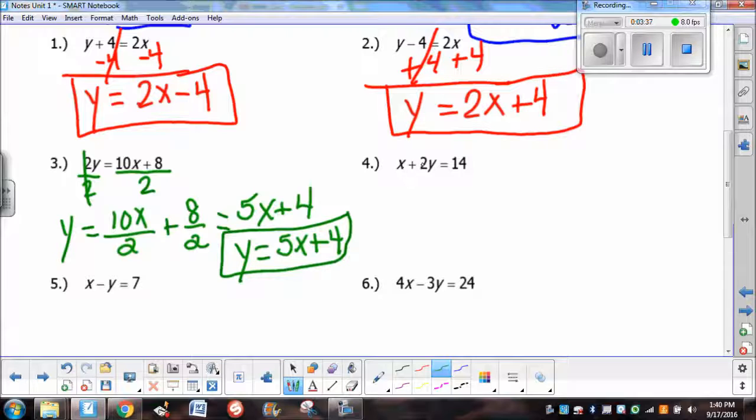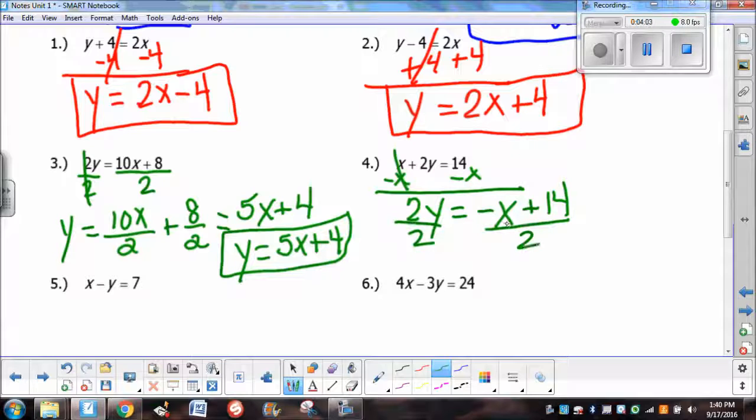In number 4, again, to isolate y, I'm going to have to subtract x first, because I can't divide by 2 yet because I still have that x over there. So I have 2y equals, put the x term first, and now it's a minus x. And what's the sign of that 14? If nothing is written there, it's a plus 14. To get y by itself, I've got to divide everything by 2.